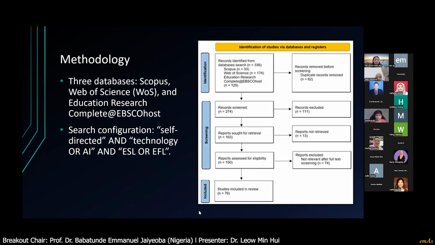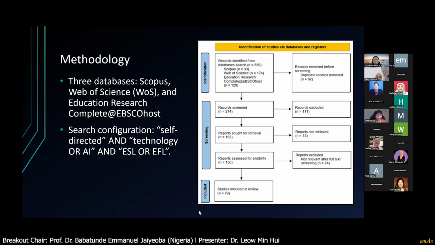Since this is a systematic literature review, we conducted a systematic search across three databases: Scopus, WOS, and Education Research Complete, EBSCOhost, using the search words self-directed, technology or AI, and ESL or EFL.